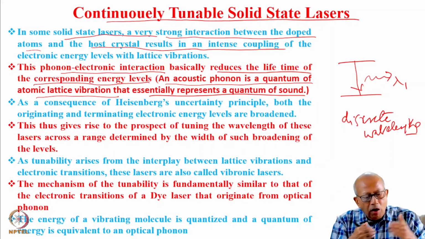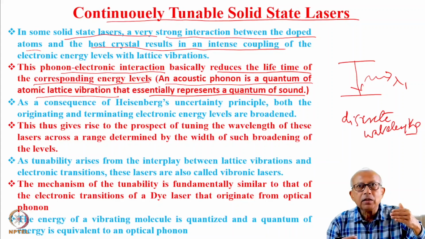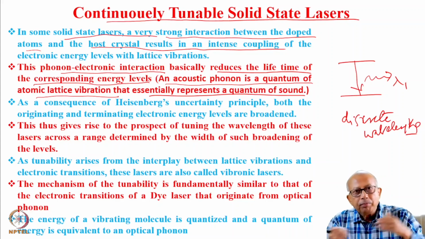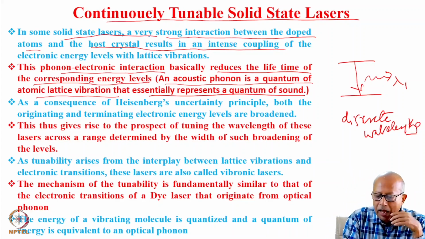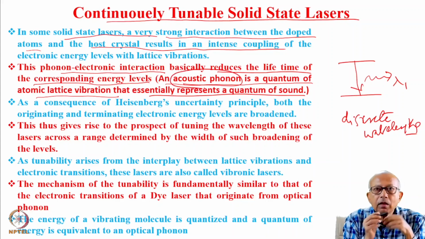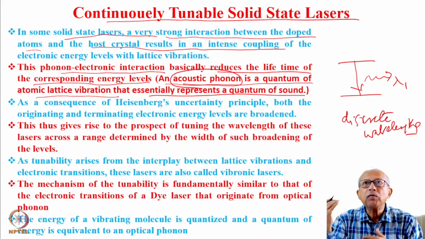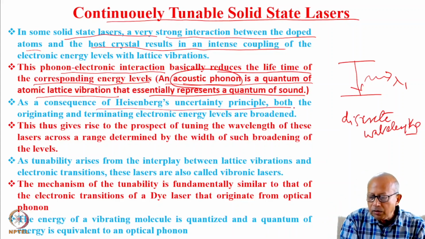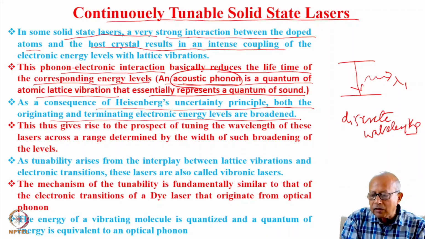Now, the strong coupling between the electronic energy levels and lattice vibration basically provides a channel for the energy to flow through creation of acoustic phonons, by way of exciting vibrations of the lattice. As a consequence of Heisenberg's uncertainty principle, both the originating and terminating electron levels are therefore broadened.